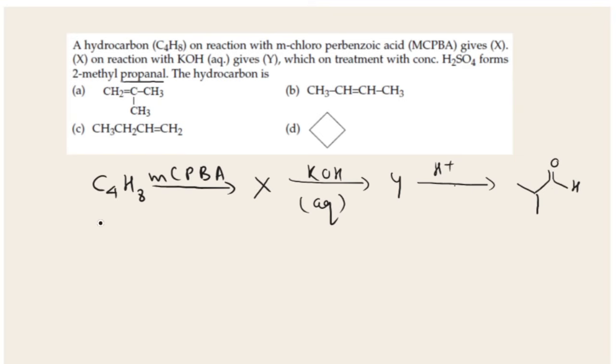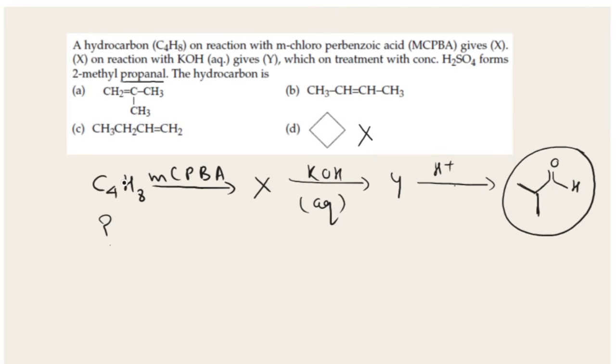So what is the hydrocarbon C4H8? Generally when such questions are given, I will write it down like this so that it's very easy to predict the correct answer. Look at this. This is having an isopropyl structure, so the reactant must also have a similar structure. In the first place, you can eliminate this molecule.